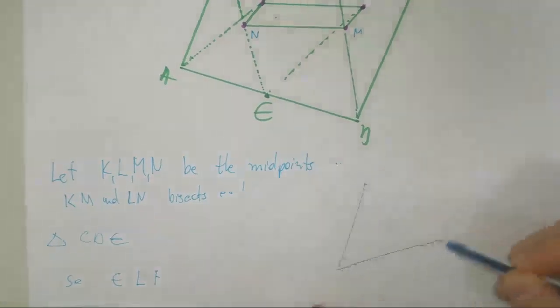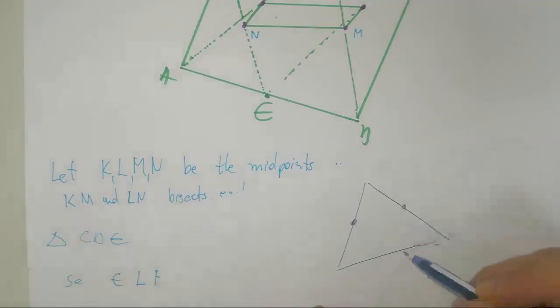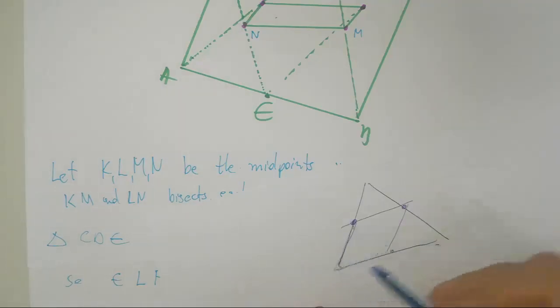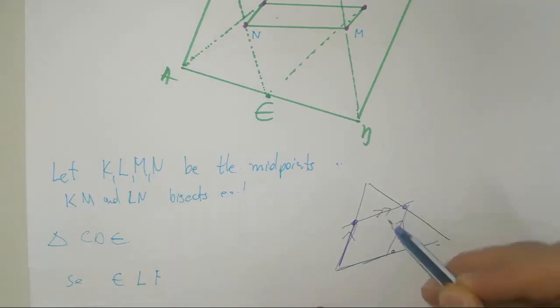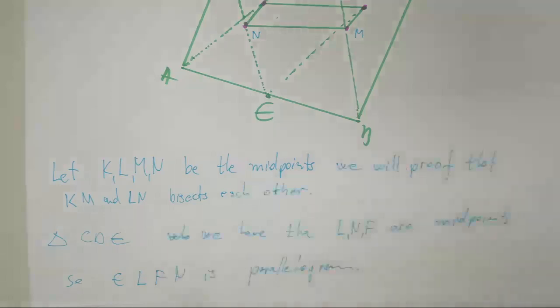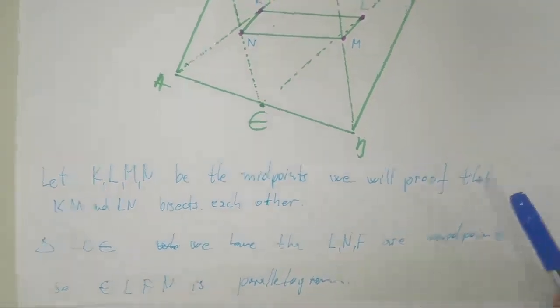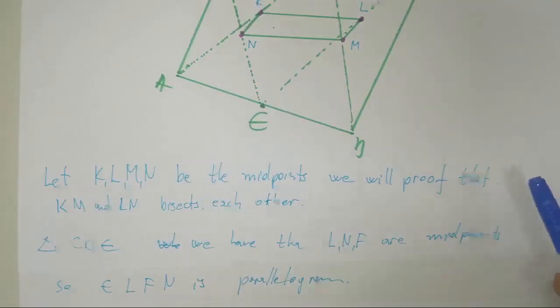If you have a triangle and these are the midpoints, then this shape is a parallelogram, because this side is parallel to this side, and this side is parallel to this side. So we apply that property here, and we see that the quadrilateral ELFN is a parallelogram.